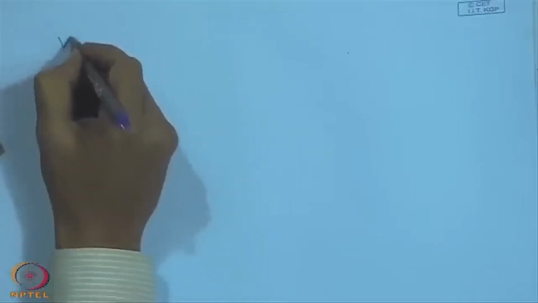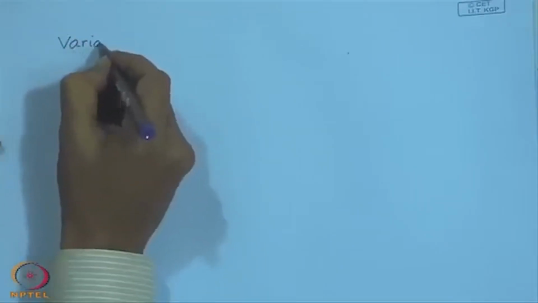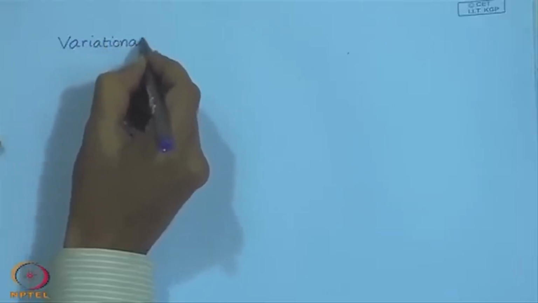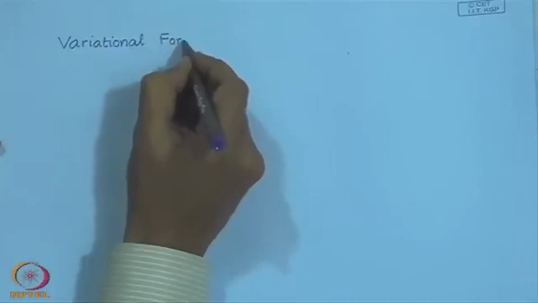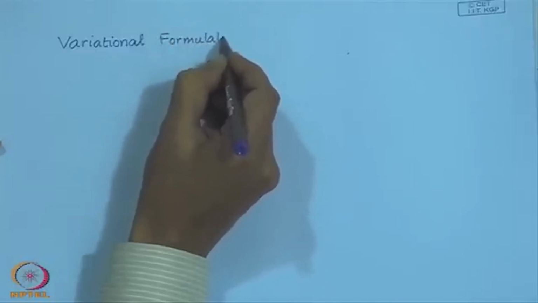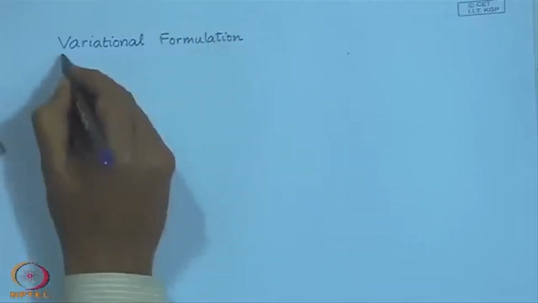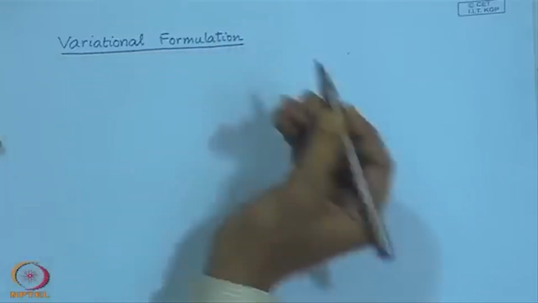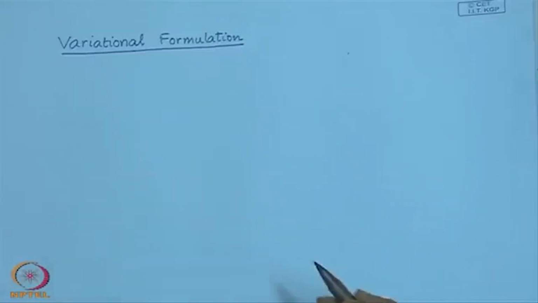In this lecture, we are going to initiate some discussions on an alternate formulation of dynamics of continuous systems. This formulation is known as the variational formulation. Before we get into this variational formulation, we have to understand a few concepts based on which this variational formulation has been made.